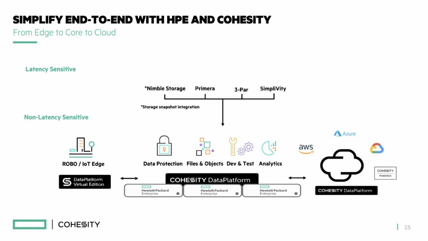Unlike antiquated point products that cause mass data fragmentation, inefficient operations, and security and compliance risks, only the integrated HPE Cohesity solution offers Cohesity's secure web-scale data management platform on certified HPE servers. And this spans on-premises, cloud, and edge. And it empowers organizations to also run apps on that platform, which is a big differentiator of the Cohesity solution.